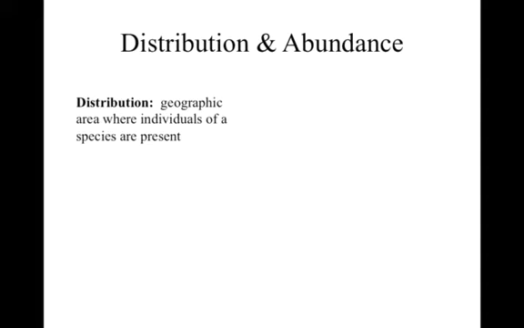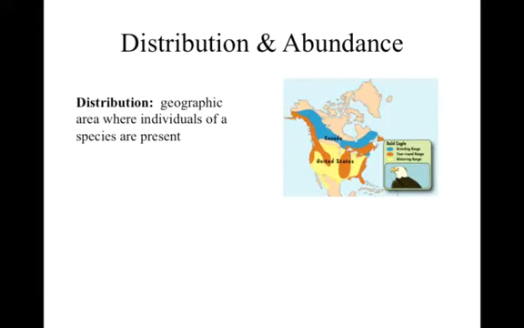Now let's think about how we can characterize populations, or what are the different properties of populations. And the first two main properties when I'm thinking about populations are distribution and abundance. So the distribution is the geographic area where individuals of a species are present. So here's a distribution for the bald eagle.